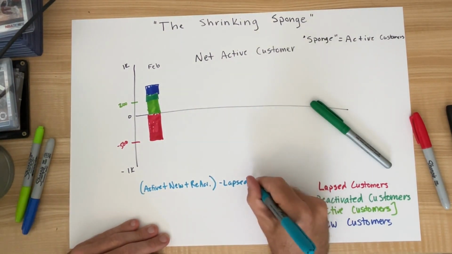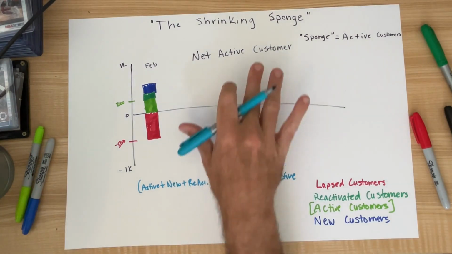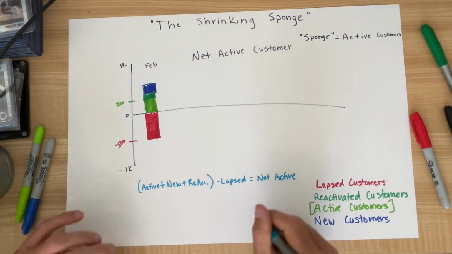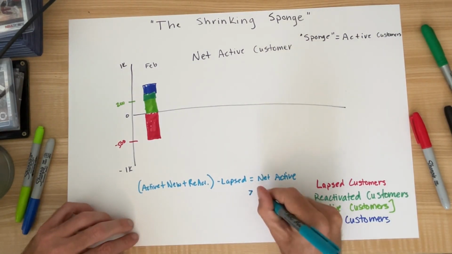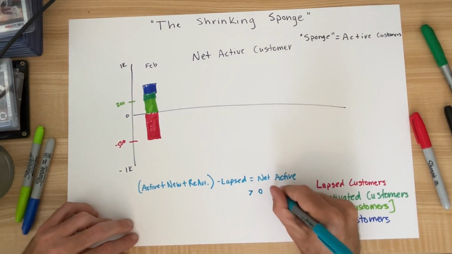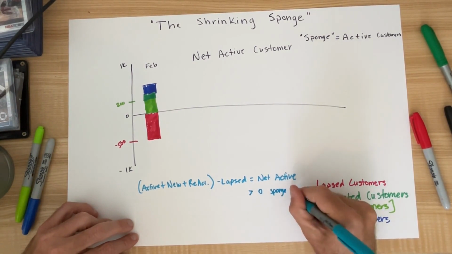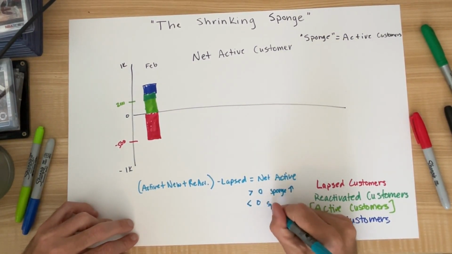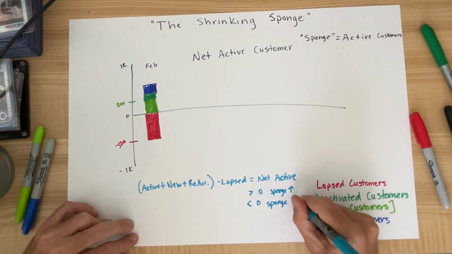That's the net active customer formula. What I'm really interested in is this category here, the number of active customers. And in particular, if my reactivated customers exceed my lapsed customers, that is going to be a signal. If this formula is greater than 0, you have sponge growth. If it's less than 0, you have sponge shrinkage.